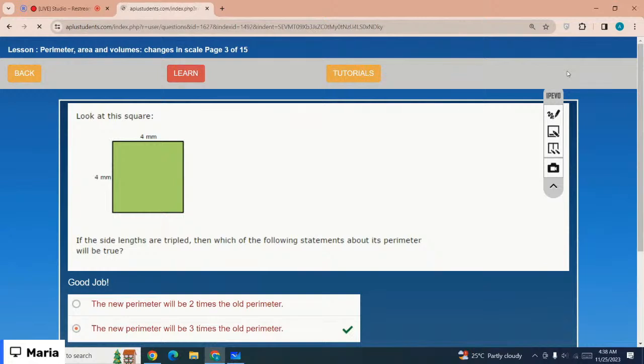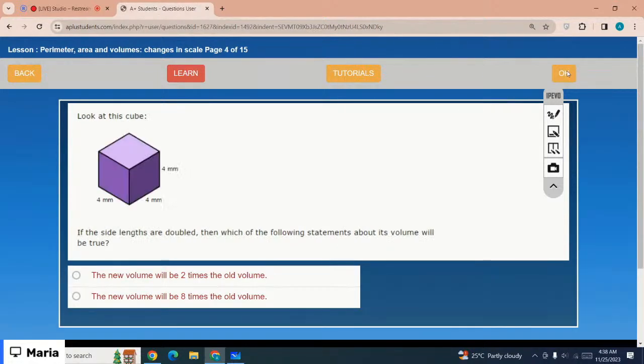Okay, the next one is: look at the cube. What if the side lengths are doubled? Then which of the following statements about its volume will be true?